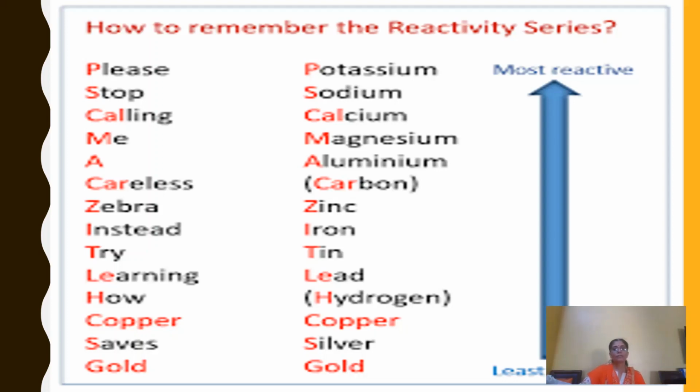But if magnesium is taken with a potassium compound, magnesium cannot displace potassium because magnesium is less reactive than potassium. So we understand that a displacement reaction is a chemical reaction in which a more reactive element displaces a less reactive element from its compound.